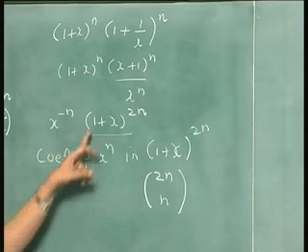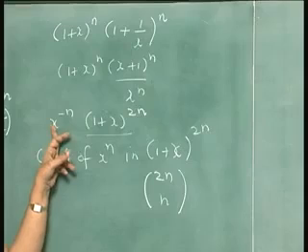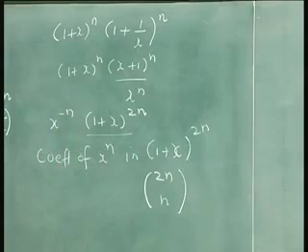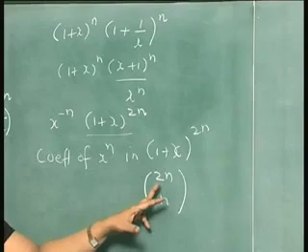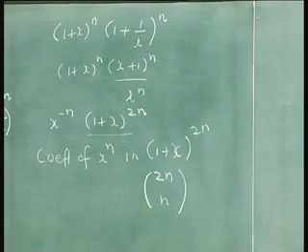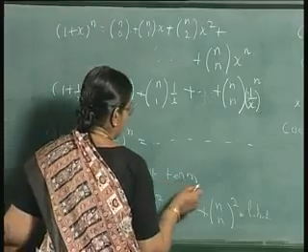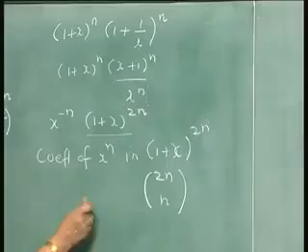So if you look at it in a different way, the constant term here is 2nCn, and the constant term on the left is this, so it becomes equal to 2nCn.